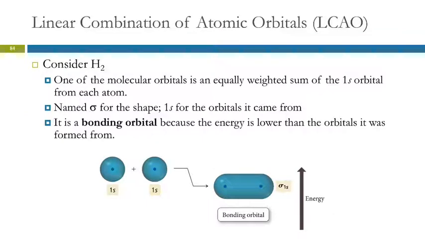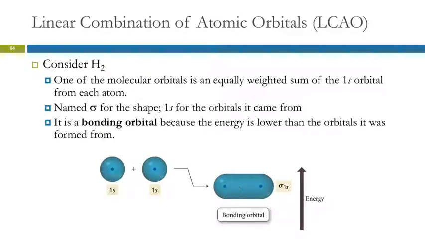So let's look at a very simple molecule, H2. Can't get much simpler than that. So the valence orbitals are 1s for each of these hydrogen atoms. And when we combine these two as a weighted sum, we're going to weight these equally. And one way to combine those gives us something like this.